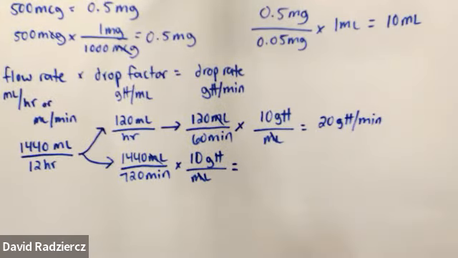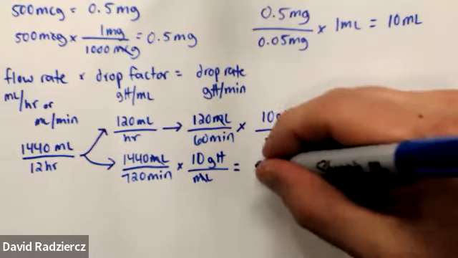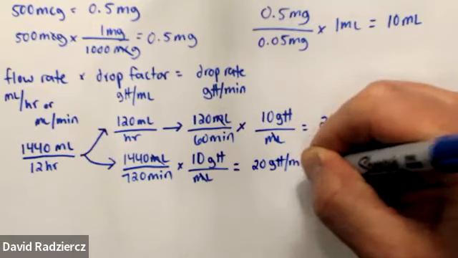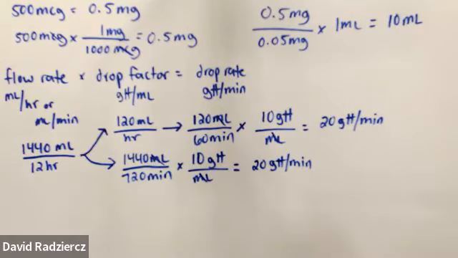Or I can do 1440 times 10 divided by 720, and you'll also get 20. If you get something like 19.99, you round it to the nearest whole drop because you can't give somebody a partial drop.